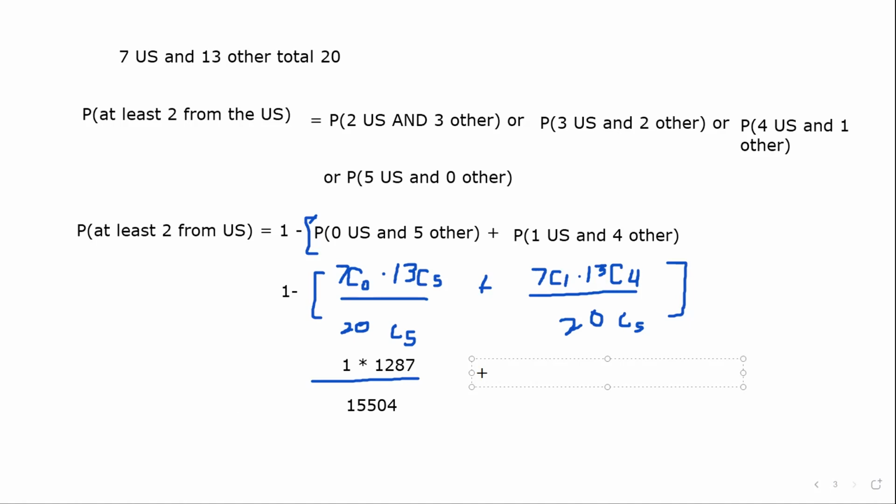This is 7 choose 1, that's 7. And 13 choose 4.